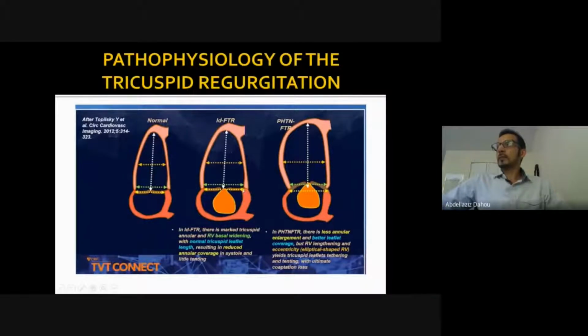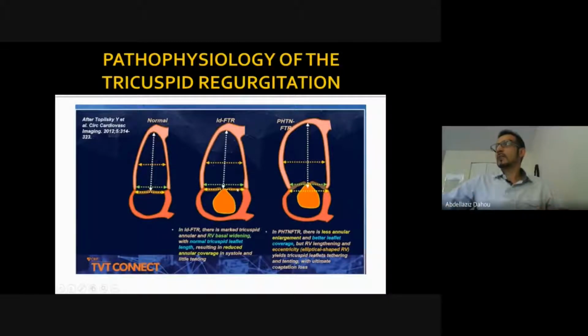Here you have a presentation of just dilatation of the tricuspid annulus with mild to moderate dilatation of the right ventricle, but the ventricle is still a normal, quite triangular shape. This entity is mostly due to dilatation of the tricuspid annulus. You see the leaflets are almost not tethering.